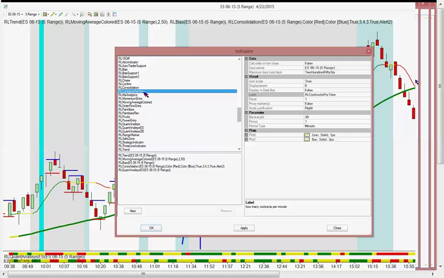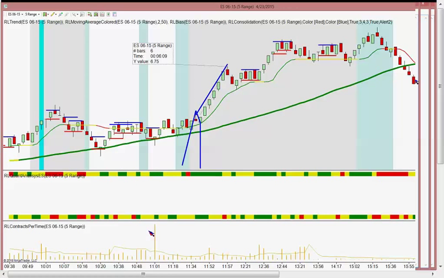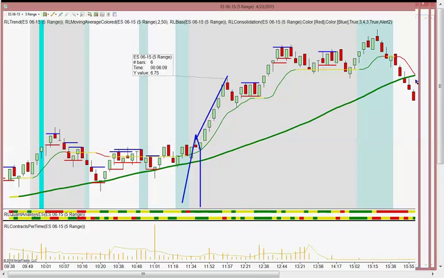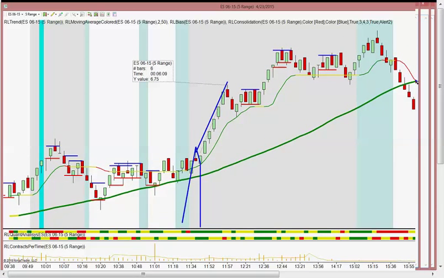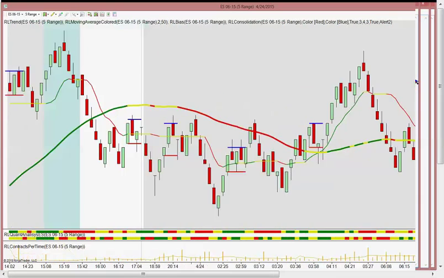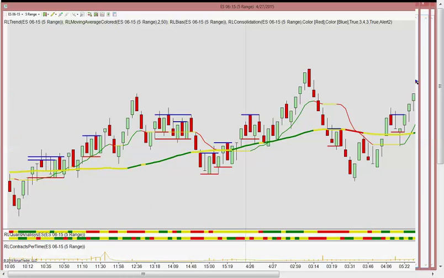And I'm going to add in another indicator. And this is a quick one to describe for you. What this is, I have to go to the right edge to show you, is it's a volume analysis.